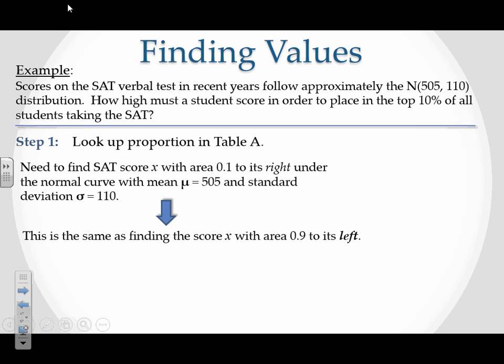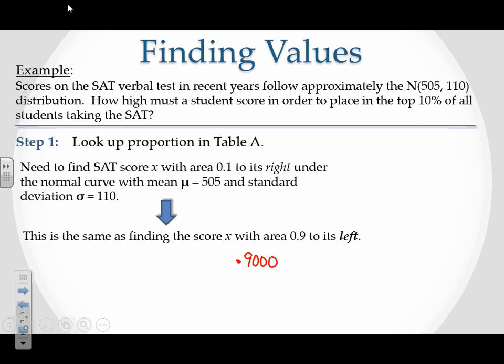So when I'm looking for 90%, in the table, it gives you percentages to 4 decimal places, right? So what you're actually looking for in your table is 0.9000. Now, when we're dealing with the percentages to start with, the likelihood that we find the exact percentage we're looking for is almost non-existent.